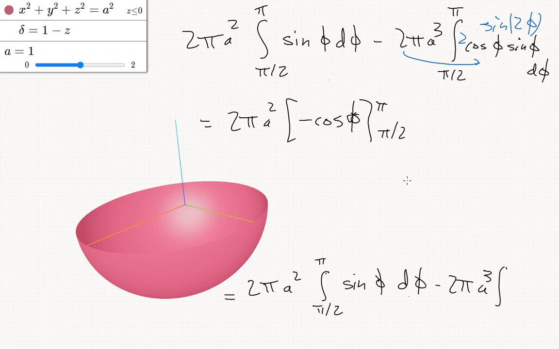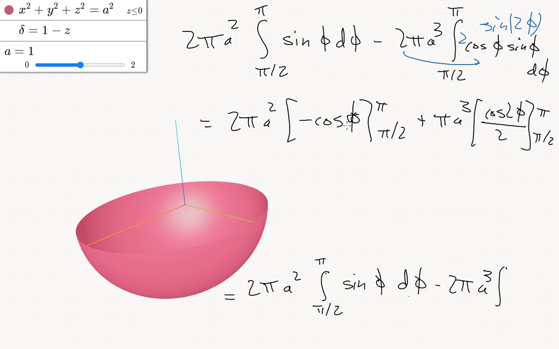And so that'll give us minus, and sine 2 phi integrates to, so plus pi a cubed, since we moved the 2 inside, then cos 2 phi over 2 at pi and at pi over 2.